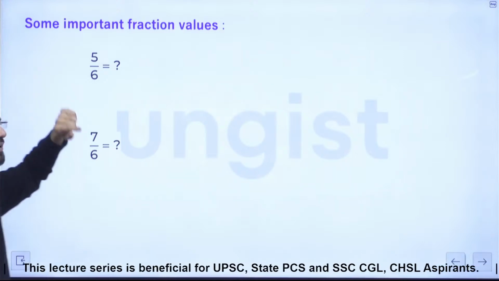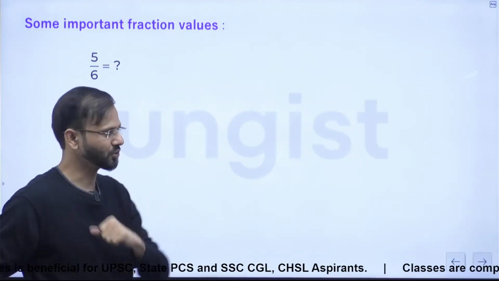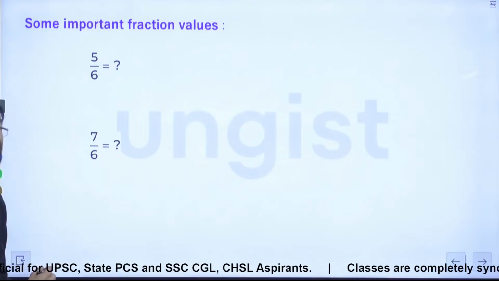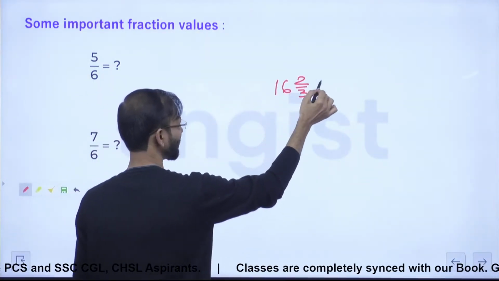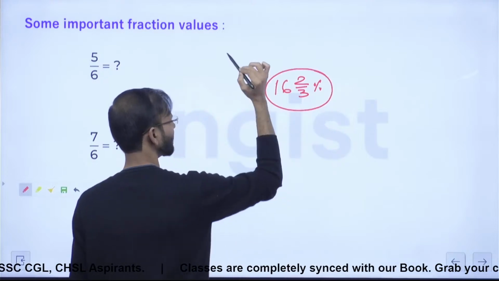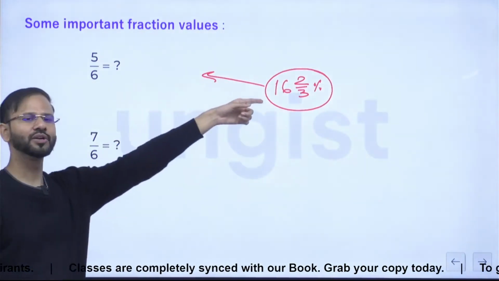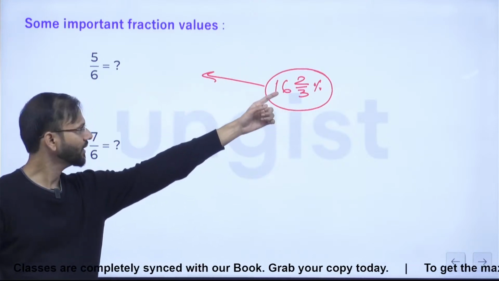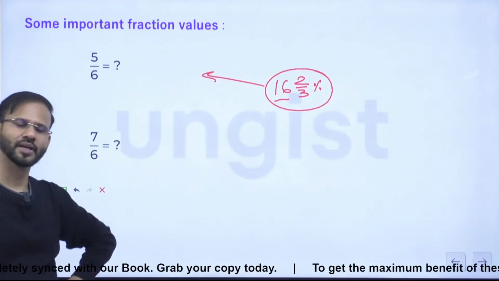Now, 5 by 6. Guys, what is 1 by 6? 16 2 by 3. Very good. Okay. 16 2 by 3. Everybody. 16 2 by 3. Now, what you have to do to find this value? You just have to multiply this value with 5. Everyone, if you multiply this with 5, 16 into 5 will be what? 80.